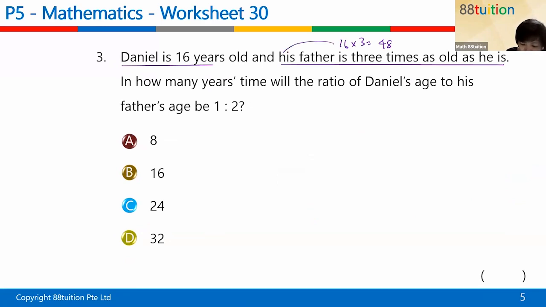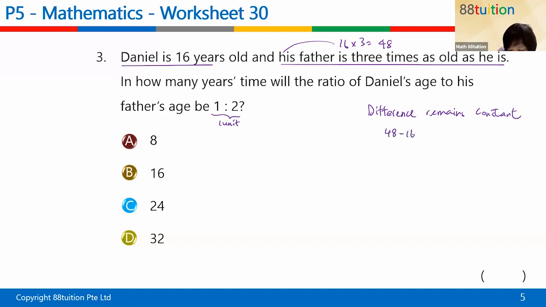All right. So what is their difference in age, will be 1 unit here, right? The difference in age must remain constant, right? Why? Because they grow up the same way. They +1, everyone must +1. +2, everyone +2. So each year they grow up, they +1, but the age difference remains constant.